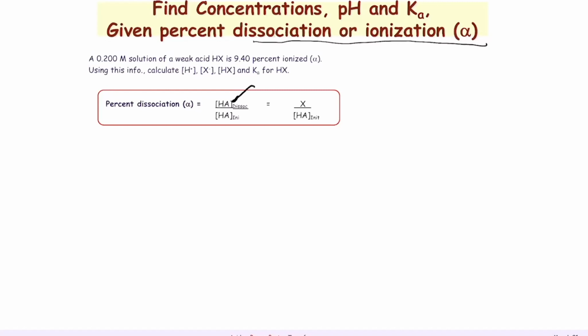Okay, so this is another way of solving equilibrium problems if we know the percent dissociation. But the percent dissociation, unlike the equilibrium constant, is not constant. It's not constant because it's based on Le Chatelier's principle. If you've got a lot of chemicals already in solution, not very much of it is going to break apart. Why? Because you've already got a lot of chemicals in solution; it doesn't want to form more.